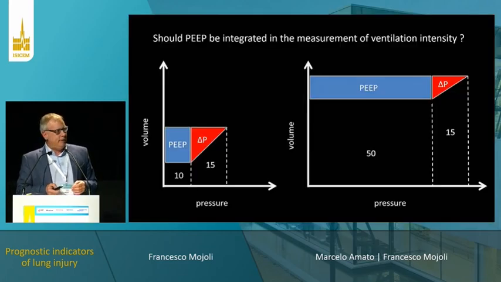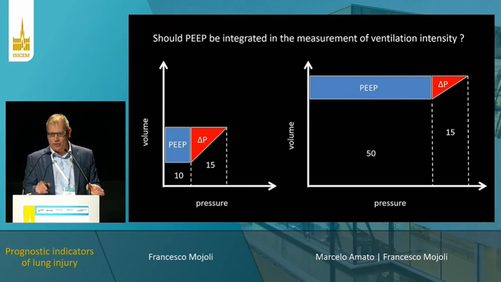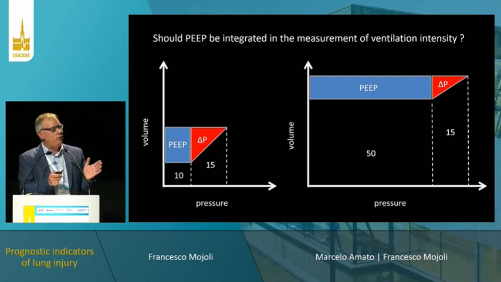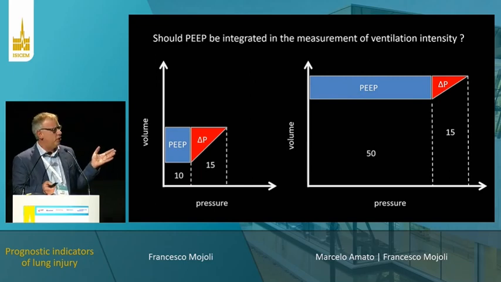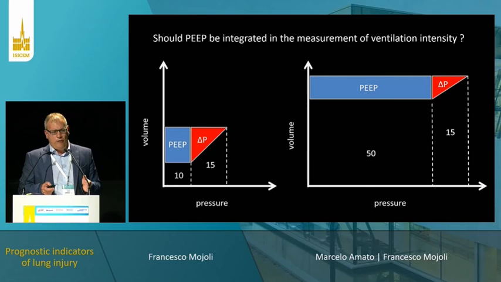And I think that you, Marcelo, and you, Luigi, you are both right, of course. Why? Because if you look at the intensity of mechanical ventilation, no doubt, you have to include this value. Because it's easy to say that for the same driving pressure, we are more aggressive if we set 50 of PEEP or 10 of PEEP, because driving pressure is applied on top of PEEP.